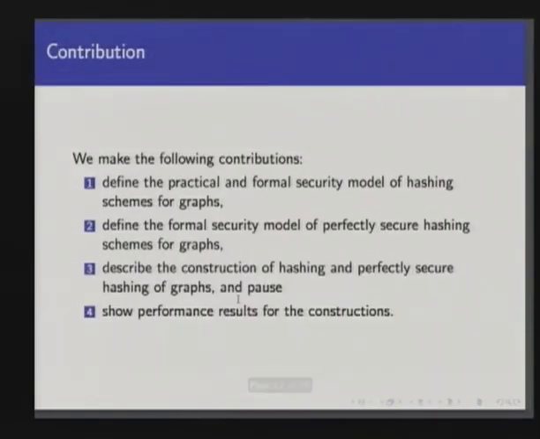And we describe the construction of hashing and perfectly secure hashing schemes for graphs. At the end, we show the performance results for the construction. I want to mention that these are the first schemes proposed by us to compute hash values of directed graphs which have cycles and which don't have cycles.